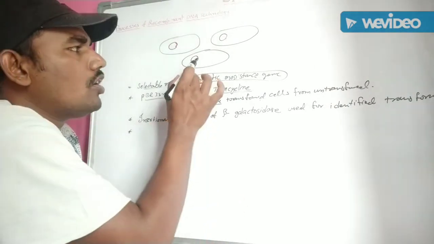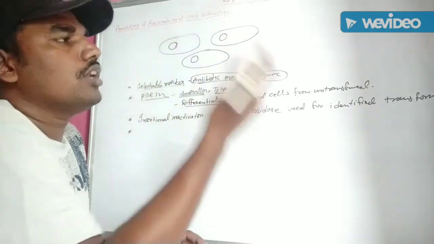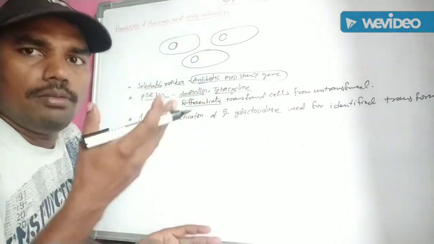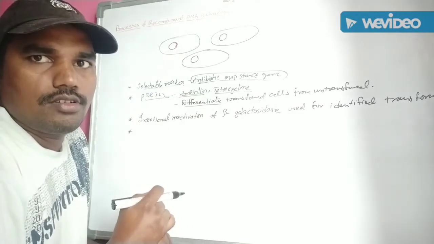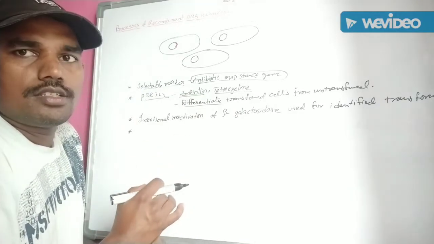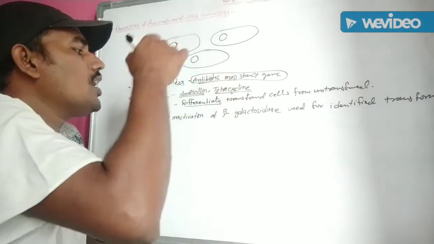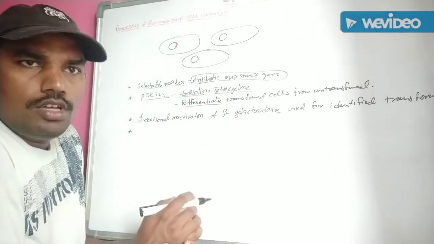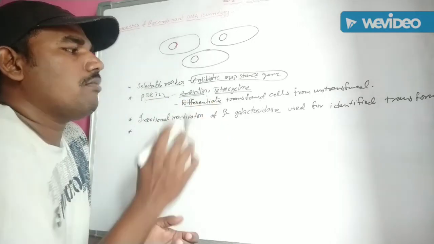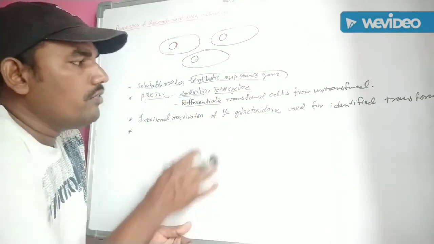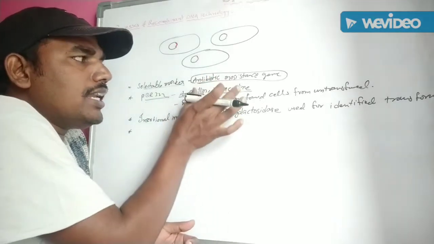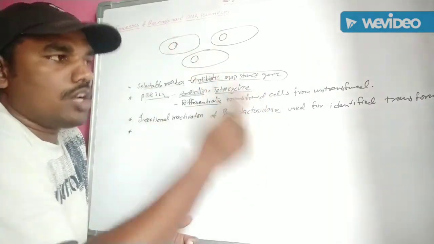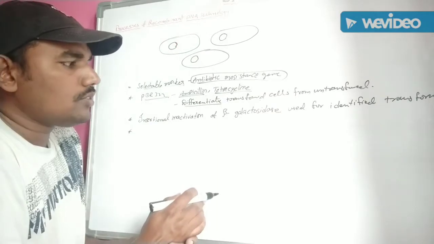To find out which cells have recombinant DNA and which do not, you use selectable markers. The selectable markers are already present in vectors like pBR322, which consists of ampicillin and tetracycline resistance genes. With the help of these antibiotic resistance genes, you find the transformed cells.